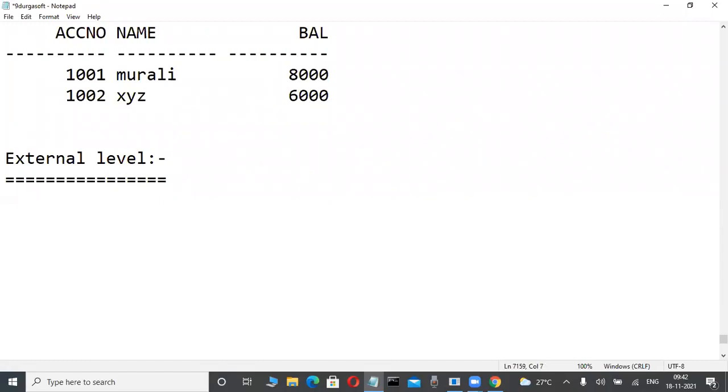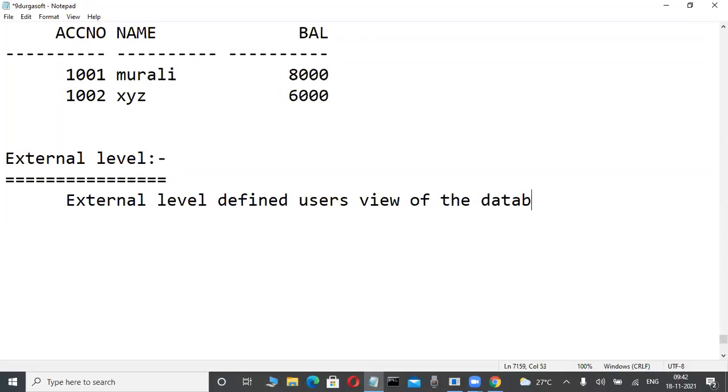External level defines users' view of the database.